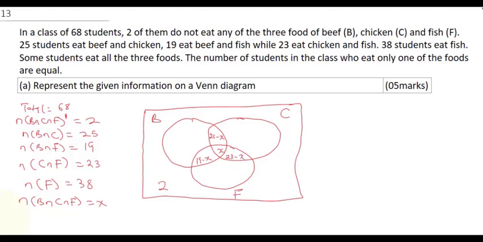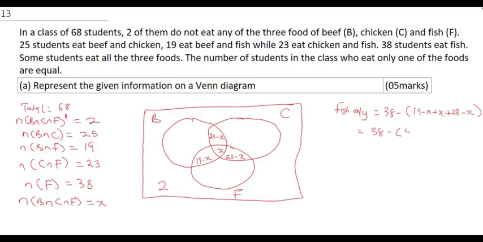Now, for fish only, since we are given fish to be 38, fish only is going to be 38 minus, now we'll sum up 19 minus X plus X plus 23 minus X. So this is going to give us 38 minus, now when you do 19 plus 23, you are going to get 42.